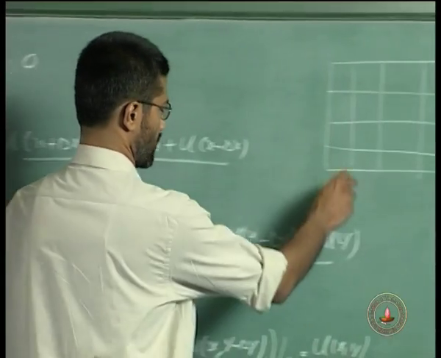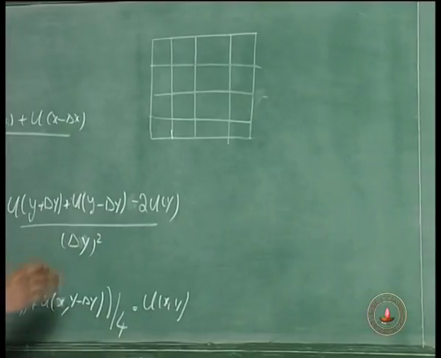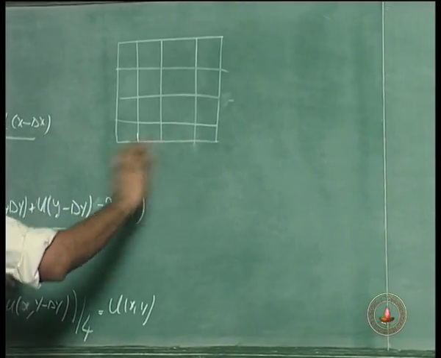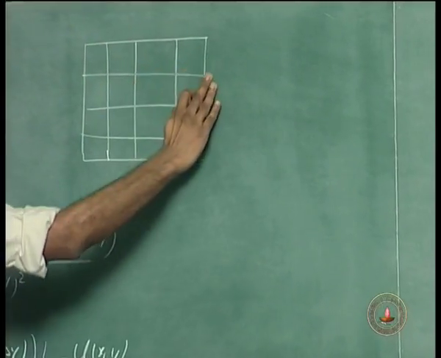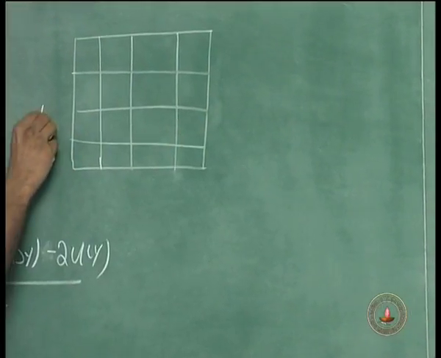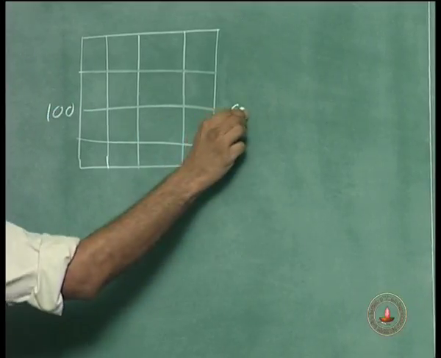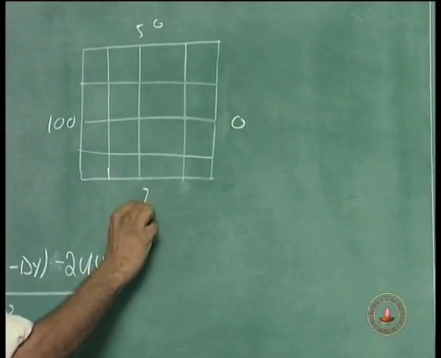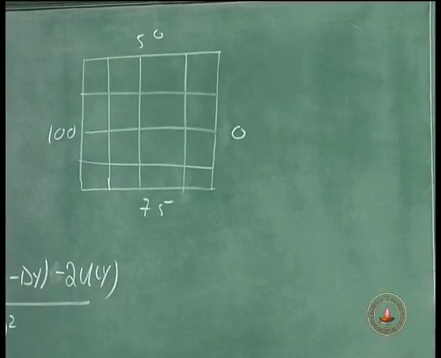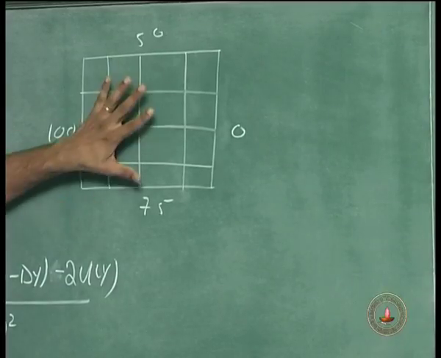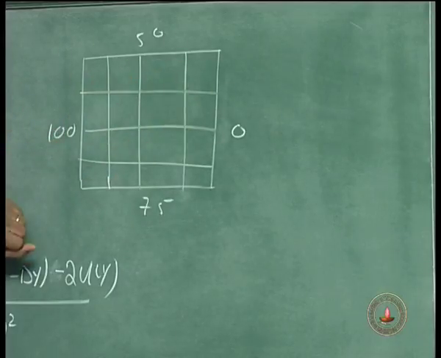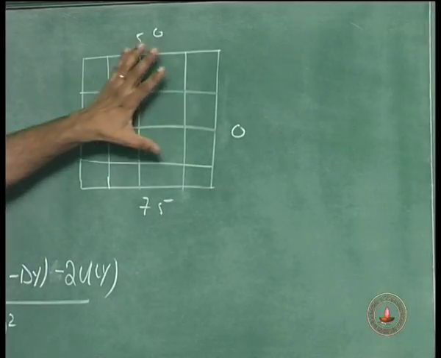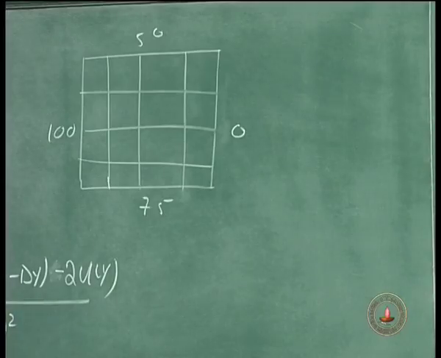As we said, if you have a conducting slab whose boundaries are kept at different temperatures, for example, this is kept at, let us say, 100 degrees, and this is 0 and 50 and 75. And the slab is insulated from the top and the bottom, so that the whole heat flow is only inside the plane. And then we wanted to know what the temperature distribution would be. And that we saw leads to an equation of this form where u is the temperature.